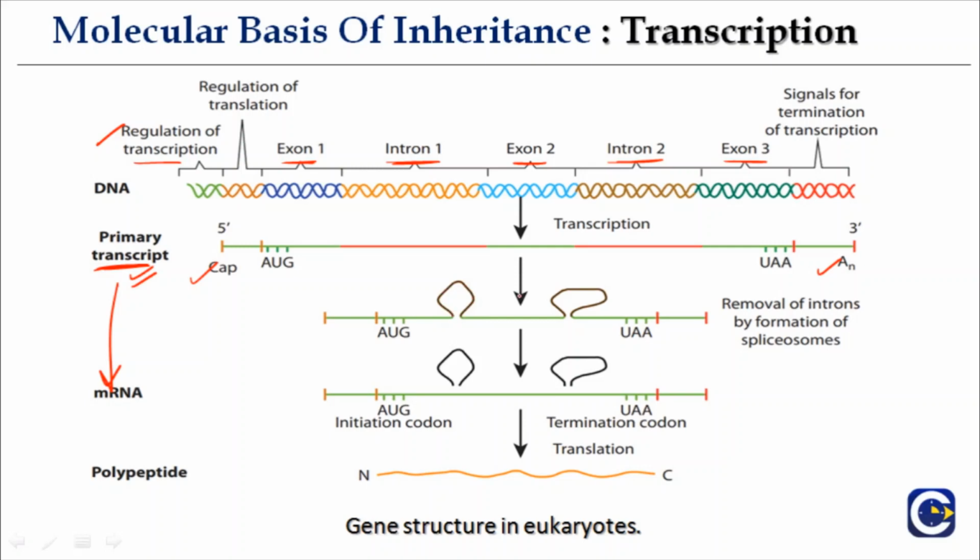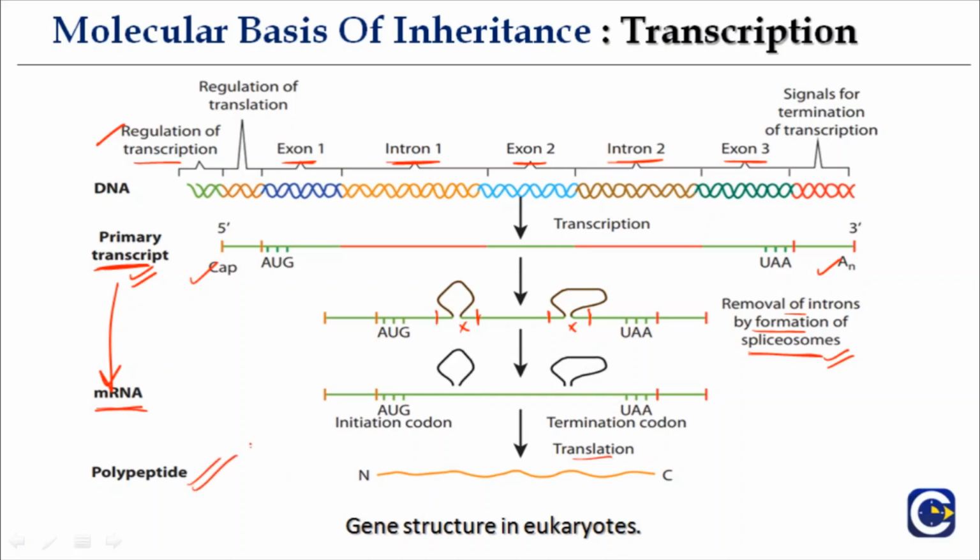Okay, so it is important to remove these introns. Removal of introns by formation of spliceosomes. So this spliceosome complex helps in removal of these introns from here. And once these introns are removed, it forms the mRNA that can be now translated into a polypeptide chain.